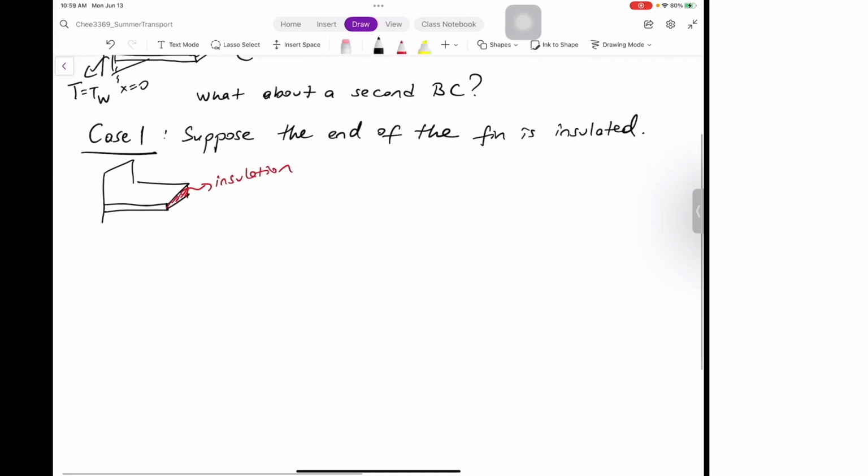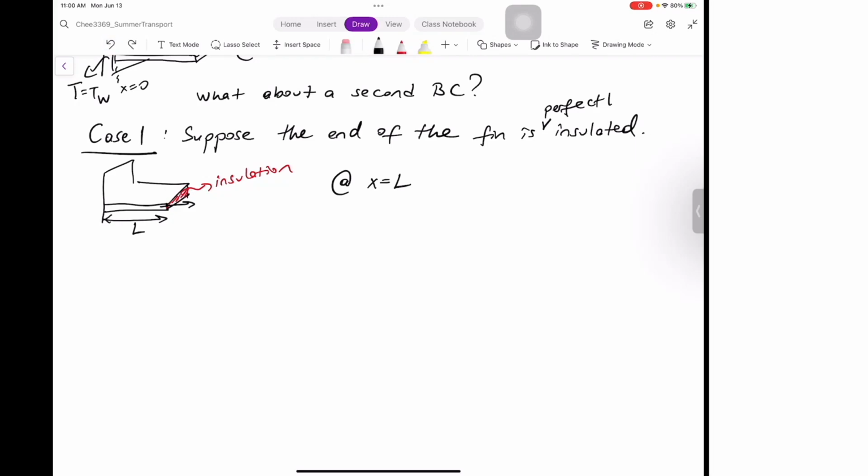What does it mean? At x is equal to L, any idea? When you have an insulation, there's not going to be any heat flux across the insulation. And let's imagine that this is perfectly insulated. So there's no heat transfer along this direction crossing the insulation.